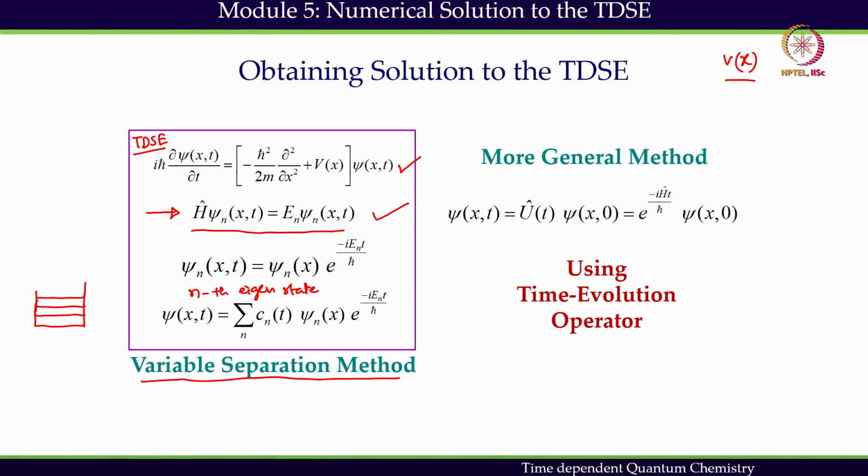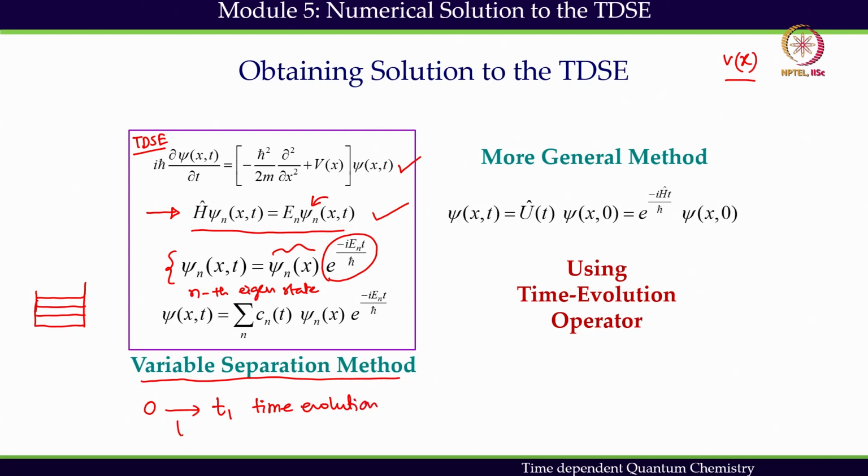Once we get those solutions from here, we can get the time dependent eigenstates, which is nothing but multiplying the stationary states by this time dependent phase factor that we have understood. And as a general solution, which means that if the time evolution is going on between 0 to t time, so at any time t, let us say t1 time, within this time interval, let us say time evolution is going on.